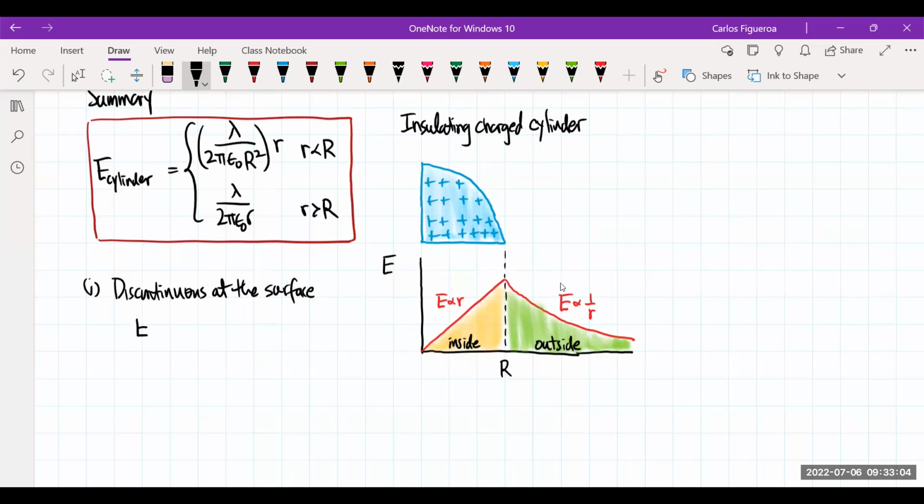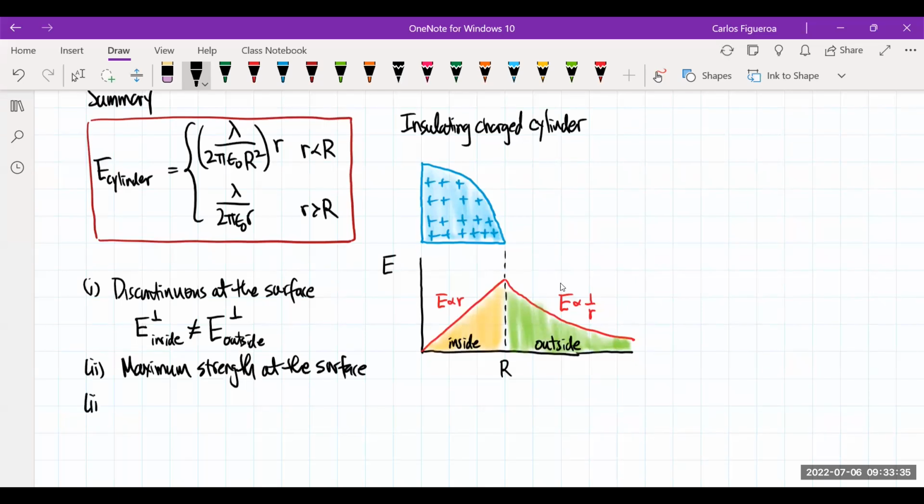That means that the E field, the perpendicular component on the inside, is not the same as the field on the outside. Okay. And another thing here is that you have maximum strength at the surface.